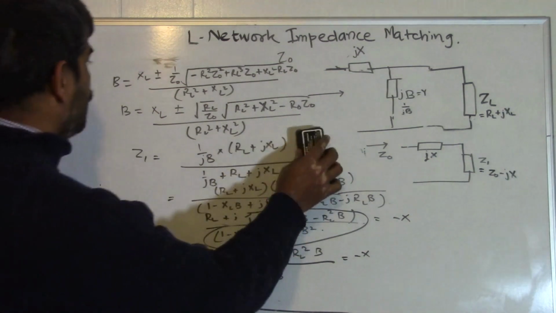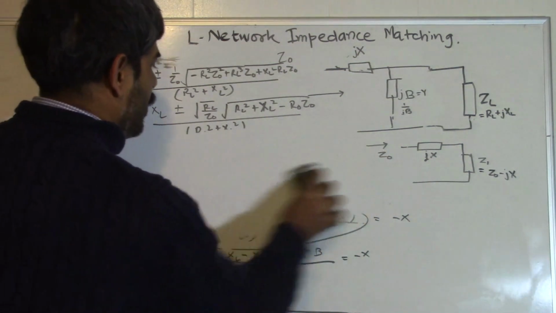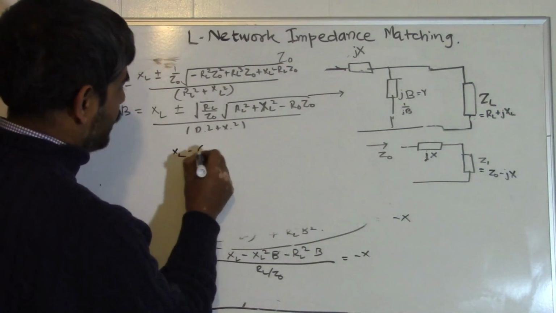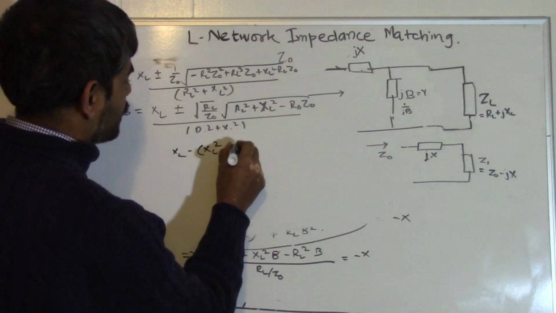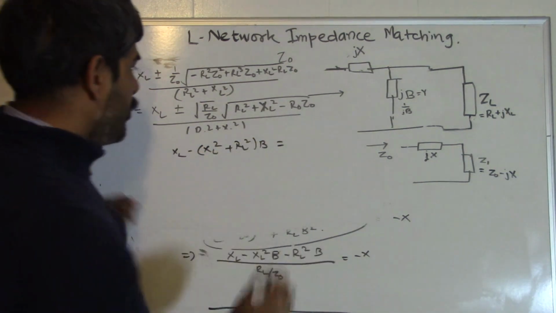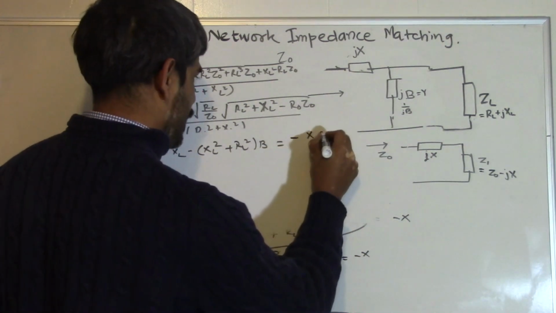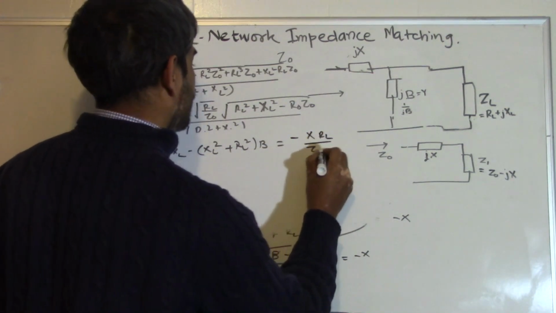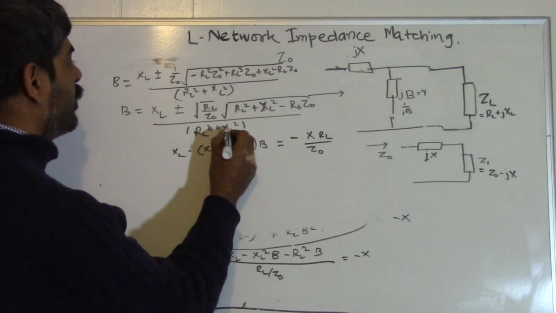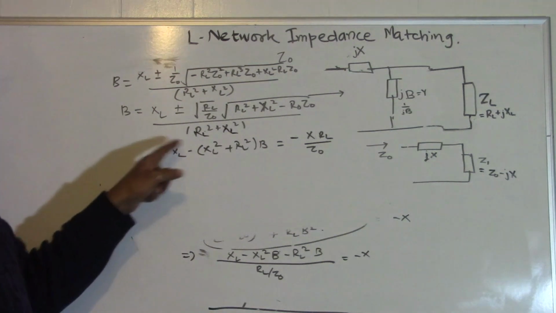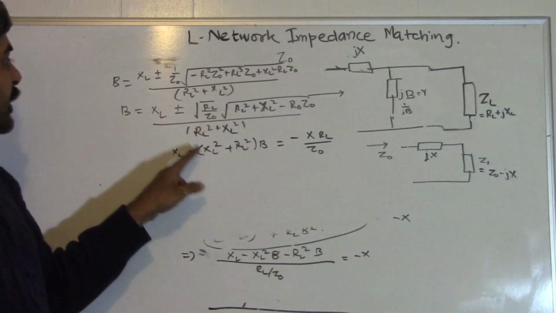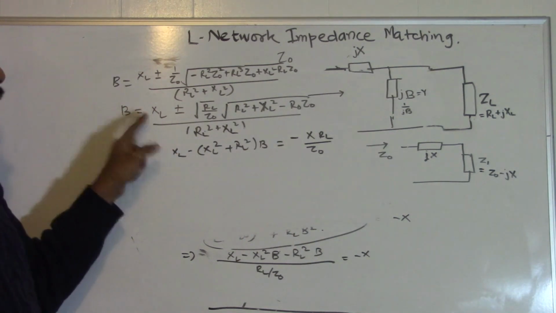Let's do a little bit more just to make sure we are getting close. So XL minus XL square plus RL square into B will be equal to minus X RL divided by Z naught, and B into RL square plus XL square is this much, and then from there we can take XL.